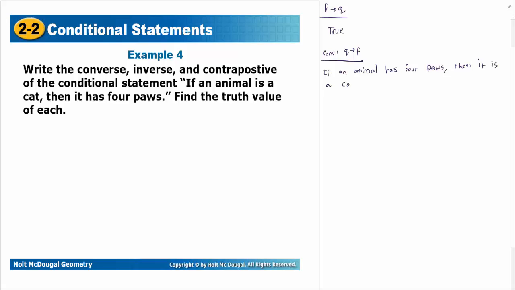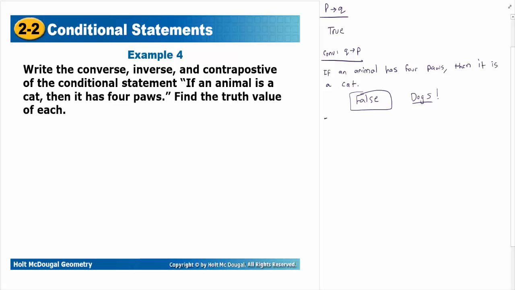So that should be your converse statement. But this one, there's a lot of animals that have 4 paws. Dogs have 4 paws, so this would be a false statement. Again, you can think dogs, right? That would be your counterexample. All right, so that's going to be false.